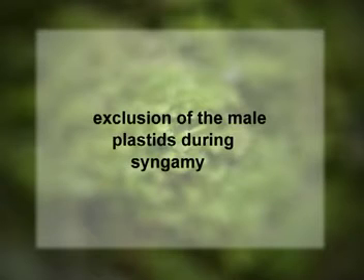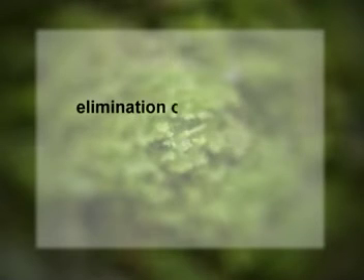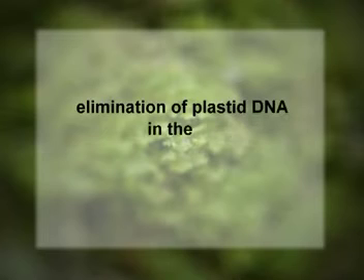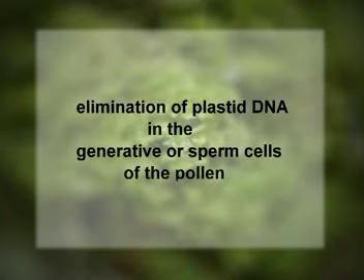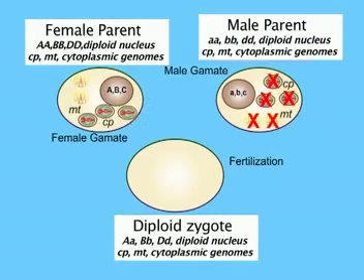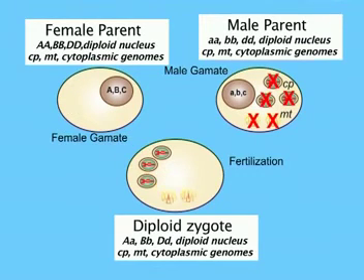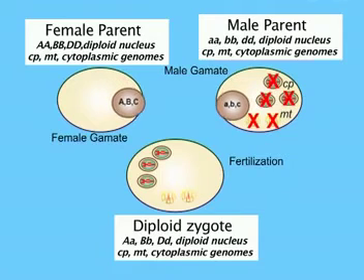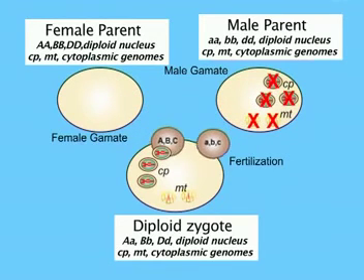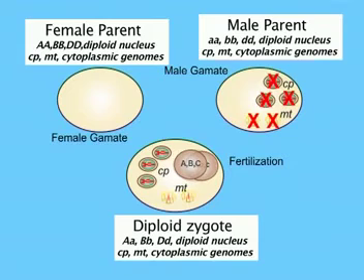The plastid alteration is mainly caused by the elimination of plastid DNA in the generative or sperm cells of the pollen. In the biparental plastid inheritance, the generative and sperm cells contain plastids and their DNA persistently, which are regularly transmitted into the zygote and in turn into the next generation.